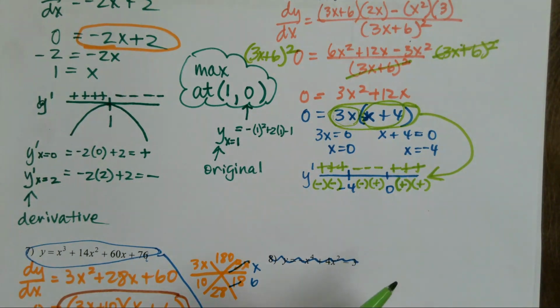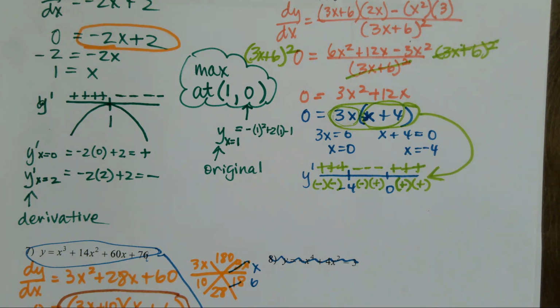So again, if I am increasing up to -4 and then decreasing, -4 is a max. And then if I'm decreasing up to 0 and then increasing, 0 is a min. You just envision what's going on with those slopes.